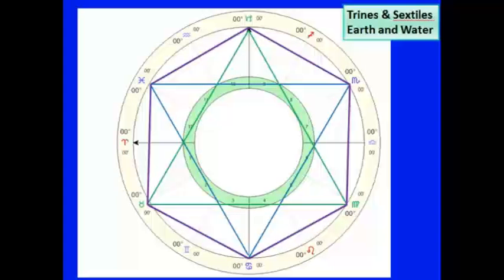So this actually looks like a grand sextile. And in 2013, there was a grand sextile that formed in the sky. There were planets at all 6 points of the grand sextile, and it was a pretty remarkable thing to witness and to see on a chart. So anybody born at that time would have had a grand sextile.